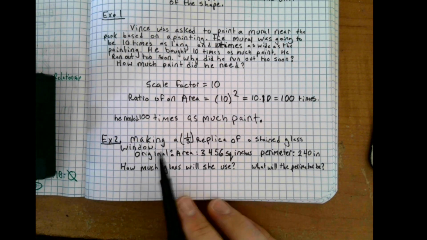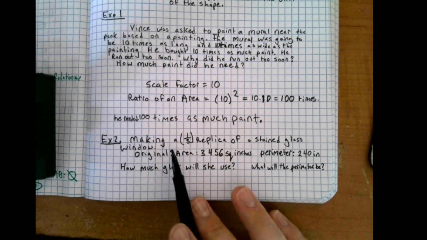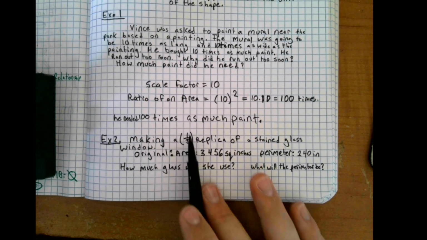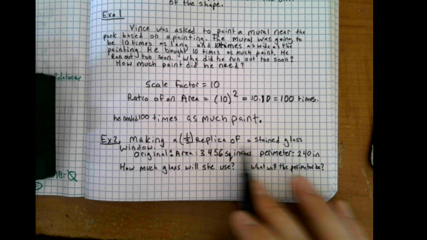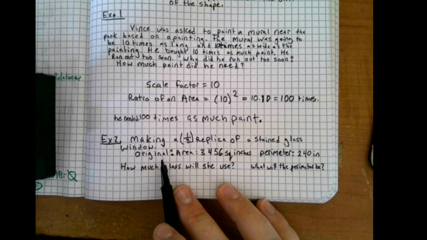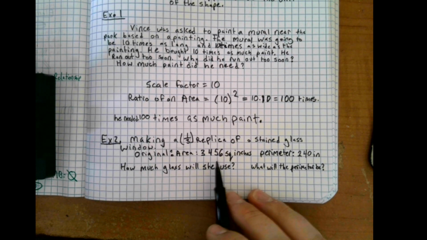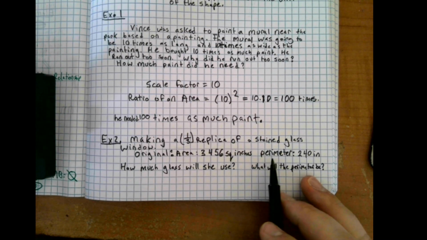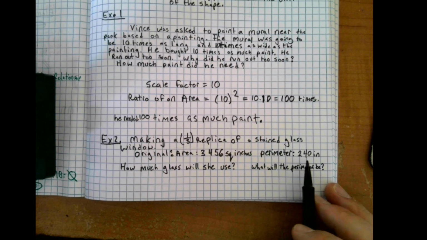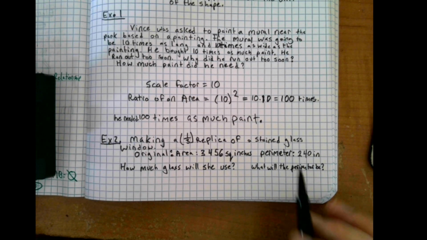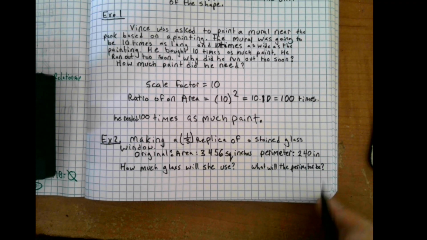Now, I wrote down in our notes that she is making a 1/3, which is our scale factor, replica of a stained glass window. The original area is 3,456 square inches. The original perimeter is 240 inches.